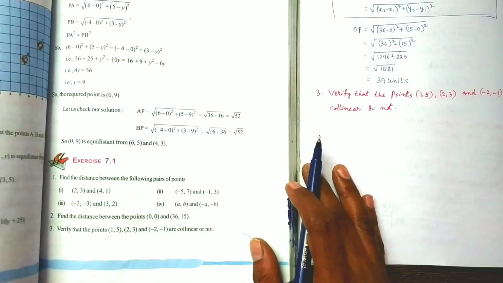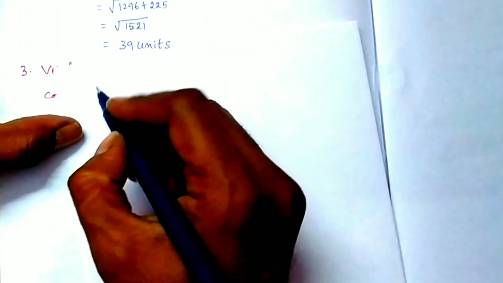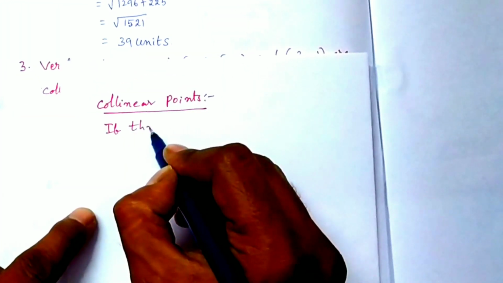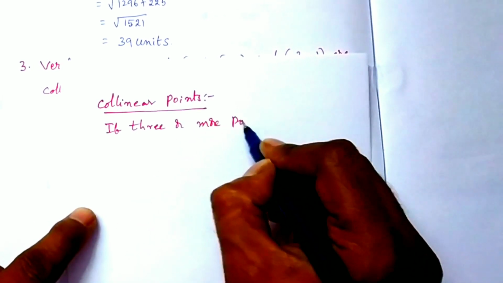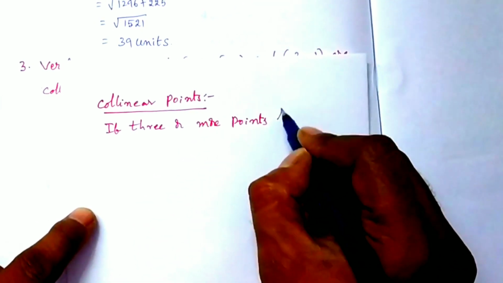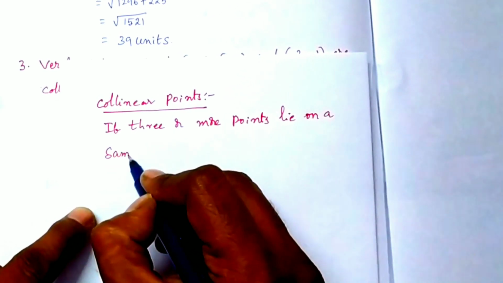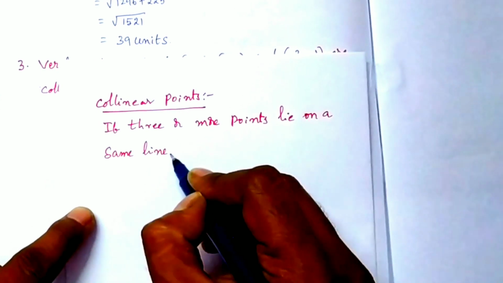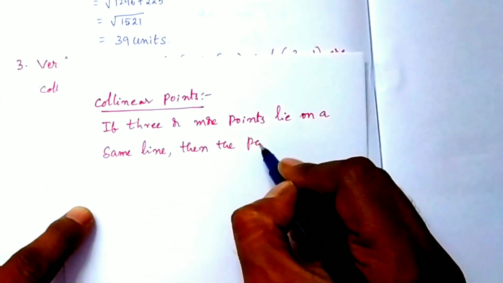Third problem is verify that the points (1, 5), (2, 3) and (-2, -1) are collinear or not. Now we will discuss collinear. Collinear points definition: if 3 or more points lie on the same line, then the points are said to be collinear points.